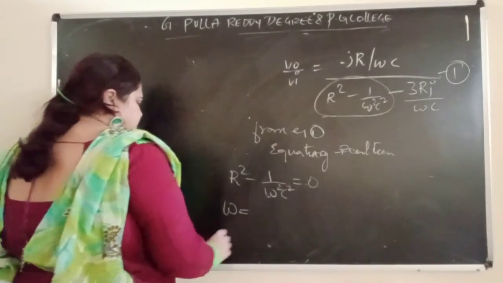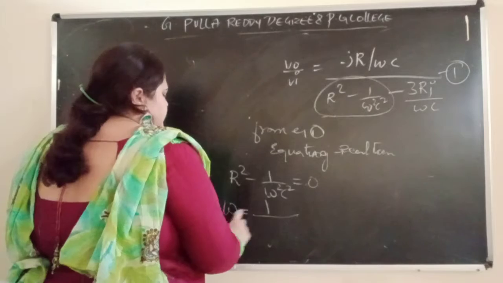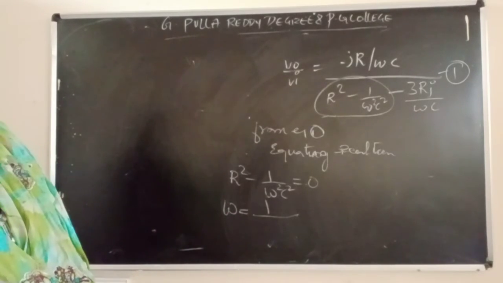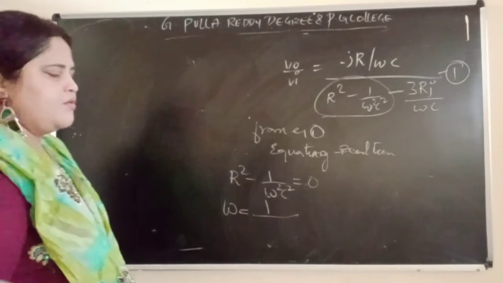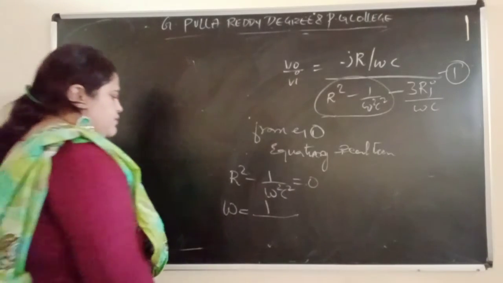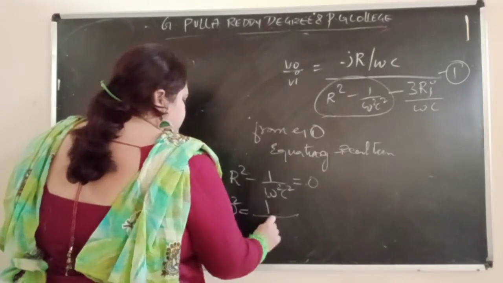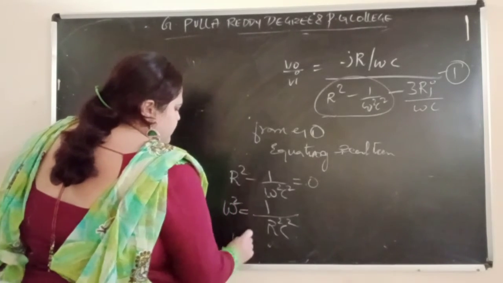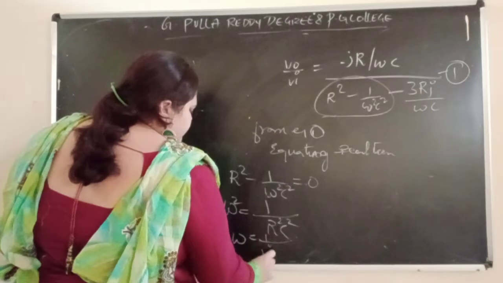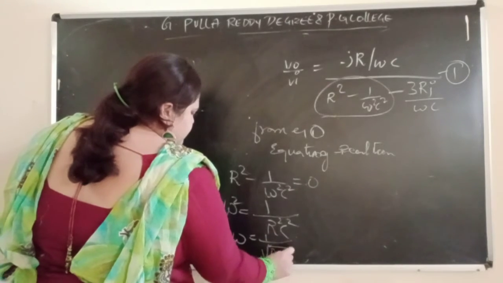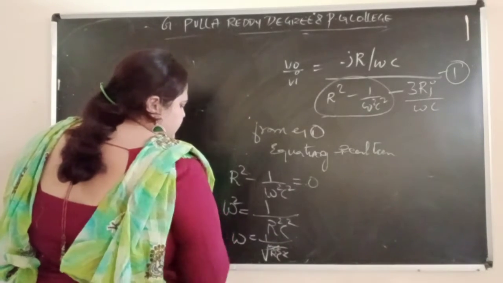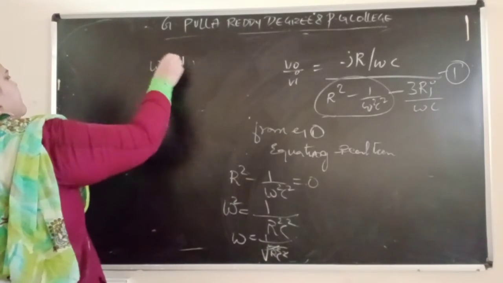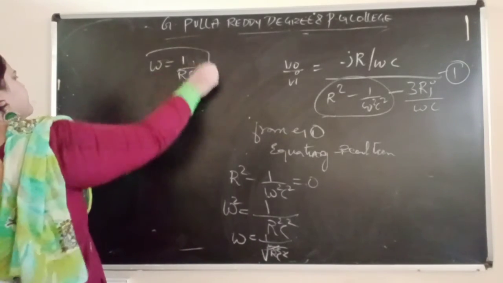Take omega out. Omega we will bring here. You will get omega square as R square C square in the denominator. So omega can be written as 1 by root of R square C square. Root and square cancel, and you will get omega as 1 by RC.